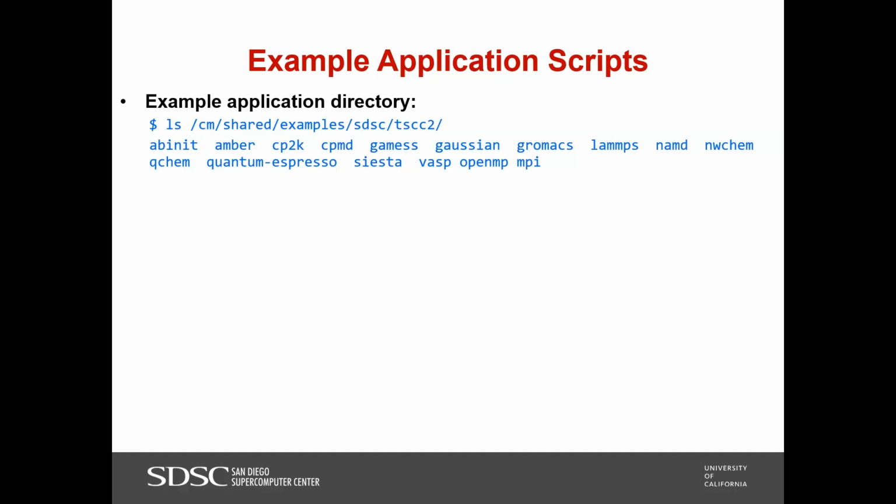If you are interested, just copy those examples to your own space and run from your own space. And just remember to modify the job scripts to use your own allocations or your own partitions, or give your own email address based on your need.